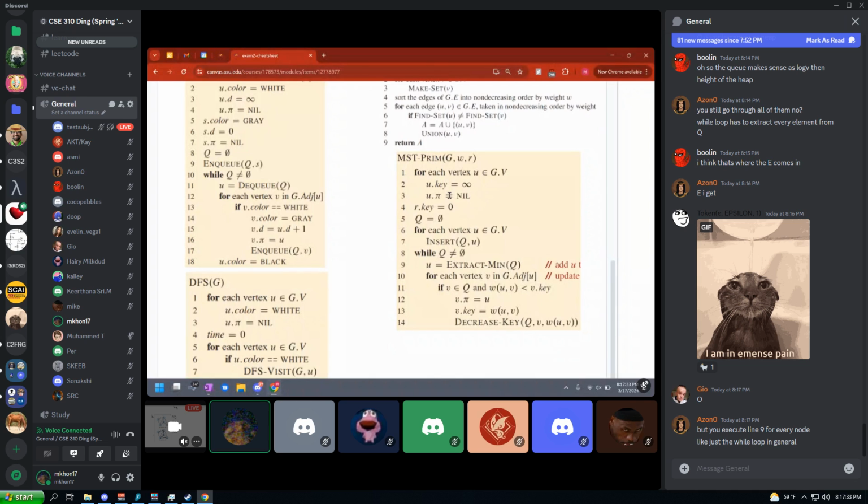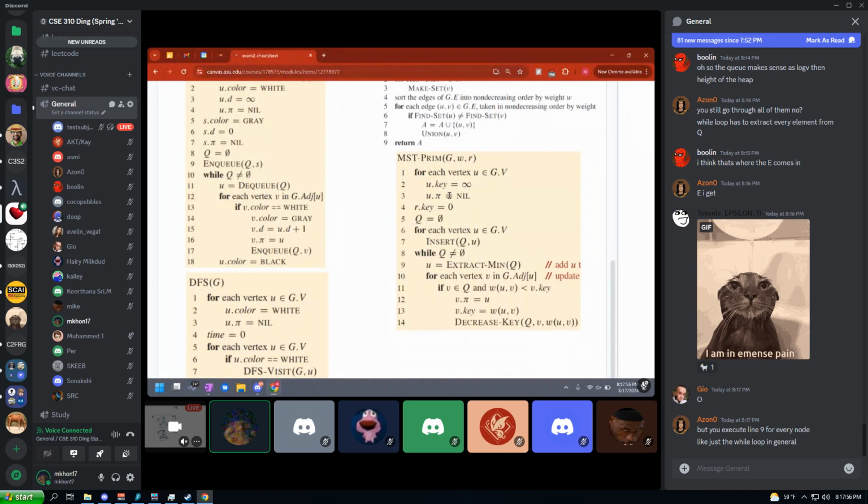You have to do N. Then you do a for loop for every edge. So the for loop is where that E comes in. And this is just while Q is equal to nothing. You put everything in Q. Right, because you put in, okay.